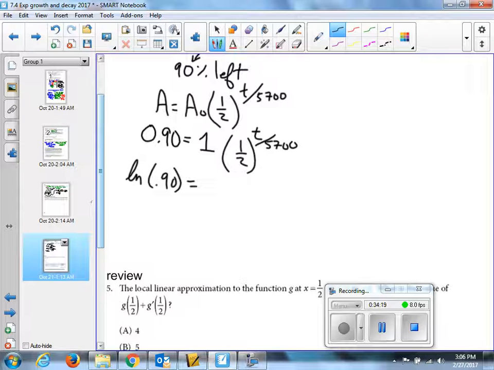The natural log of 1/2 to the t over 5,700 as the exponent. According to the rules of logs, if I have an exponent inside the log, what can you do? Yeah, so this is really just algebra here. There's really not much calculus here.